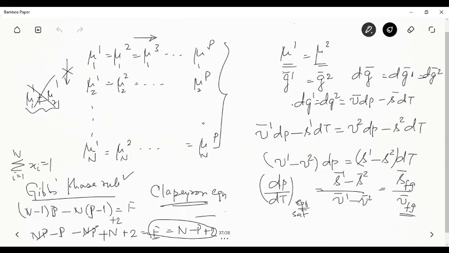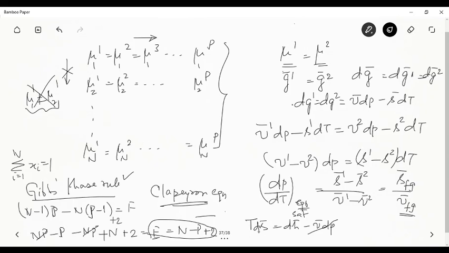Let's write that here. TdS is equal to dH minus VdP, and for a phase change process, temperature and pressure remain constant, so this goes to 0.